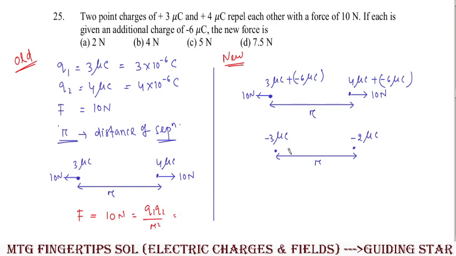And similarly, what is the force in the new system? Let it be f prime, that has to be calculated, and let that value be q1 prime into q2 prime divided by distance square. Clear?